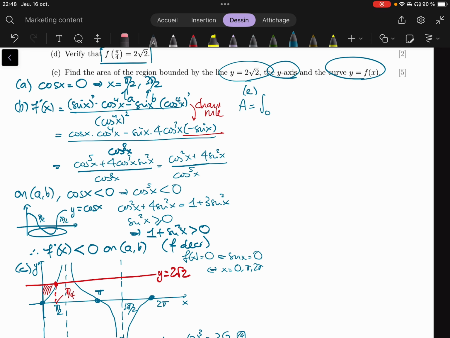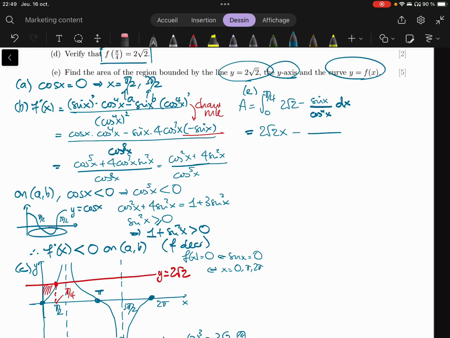Therefore, the area is the integral from 0 to pi by 4 of the upper curve minus the lower curve. Integrate, we will get this. For the second term, you can use a u-sub, noticing that sine of x is the negative of the derivative of cos of x.